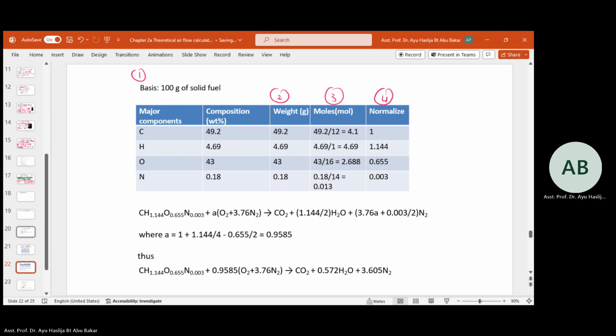Okay. Now, once you get the chemical formula from here, generate the combustion equation, similar to the previous one when you used gas. We still have A. Then the N here depends on this one.